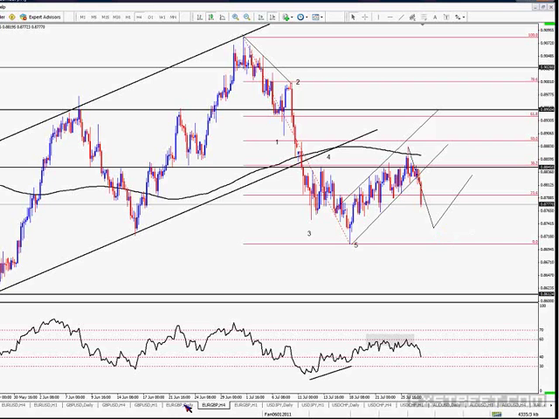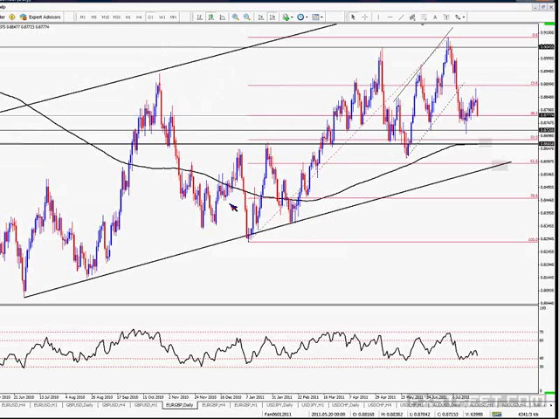Okay, let's see what our targets are below that. See, that's only in the short term, because if we look at the euro pound in the daily chart, the market is in a slight bullish tilt, even though it's very choppy. And the market has stayed above the 200 moving average so far.